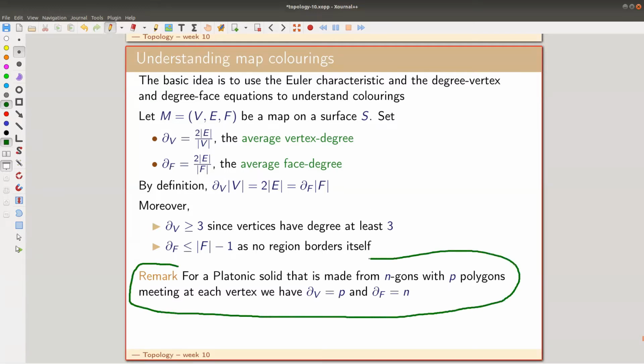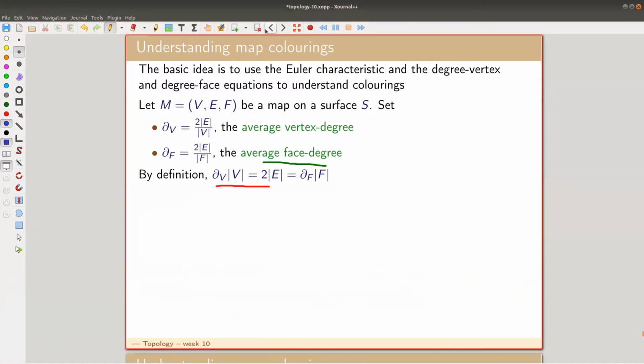For platonic solids, there are actually two numbers that played an important role in the argument. We'll go back in a second. They are exactly the average vertex degree and the average face degree. For a platonic solid it's a bit boring because they're exactly the face degree and the vertex degree. But that was the reason why they played such an important role in the argument.